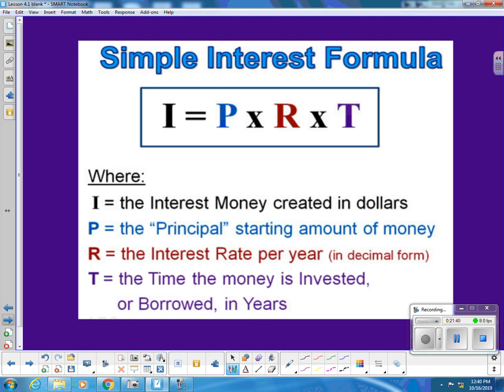It tells you the interest. Let's just define the interest. P means principal, R is the rate, T is the time.